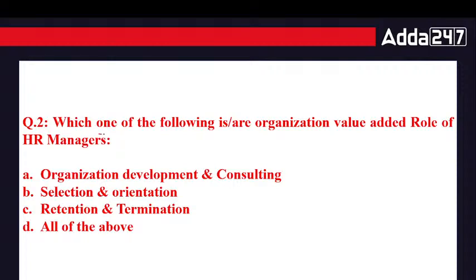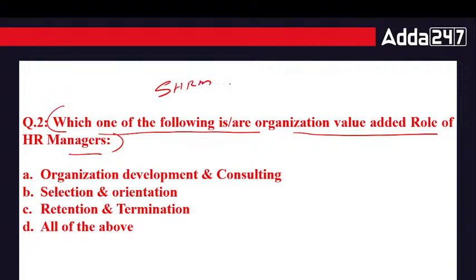Second is, which one of the following is or are organization value added role of HR manager? This question you are going to have in HR elective also and in ABM also. So what is strategic HRM? Strategic HRM is when you are linking your HR activity with the business activities.